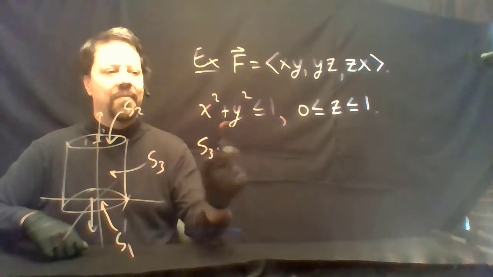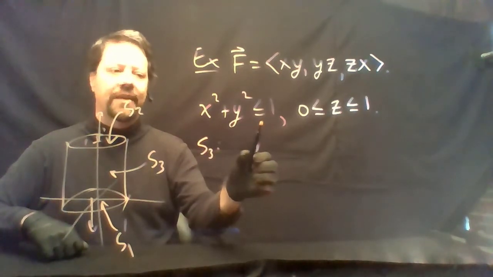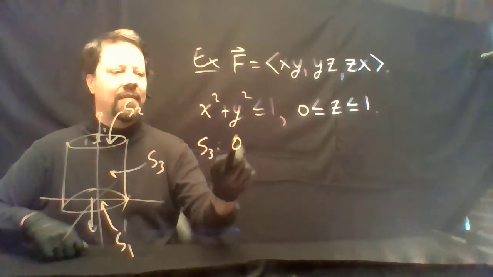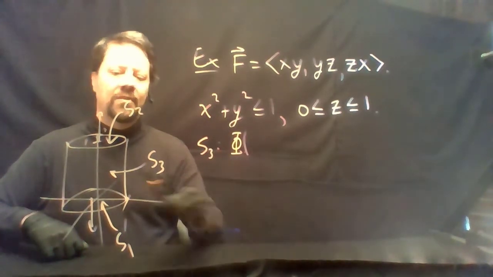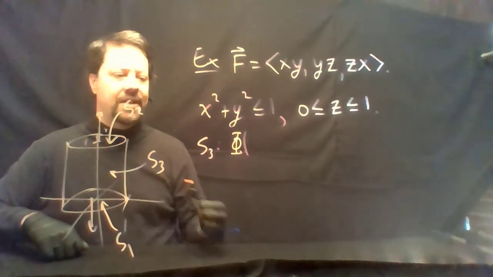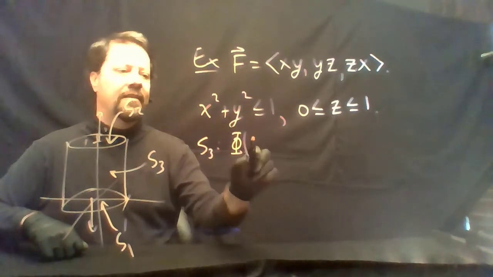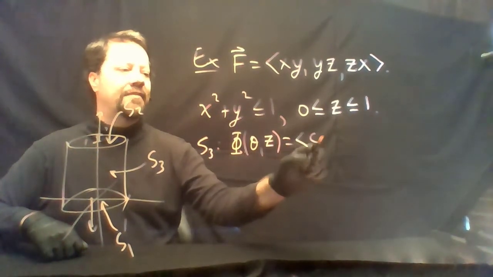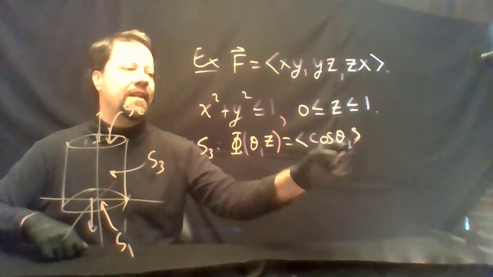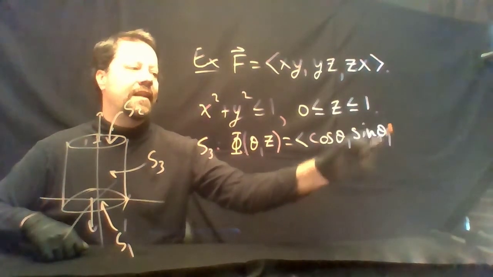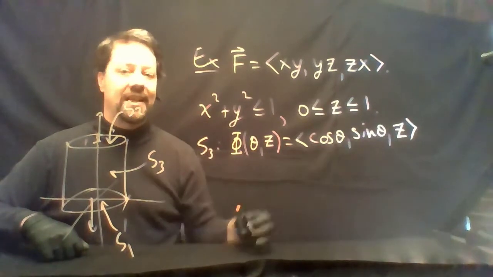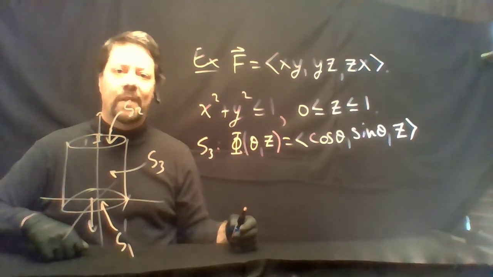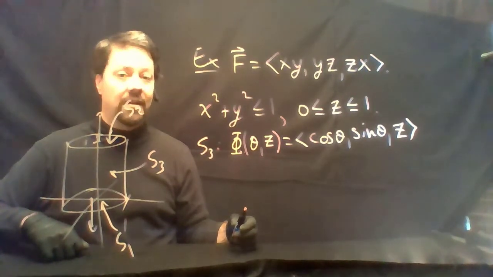On S3, we're looking at the boundary where x squared plus y squared equals 1. We'll give this a parameterization using r equals 1, theta is a variable, and z is a variable. We'll have a parameterization cosine theta, sine theta, and z. Z is free. It's not constrained by the equation x squared plus y squared equals 1. R is.